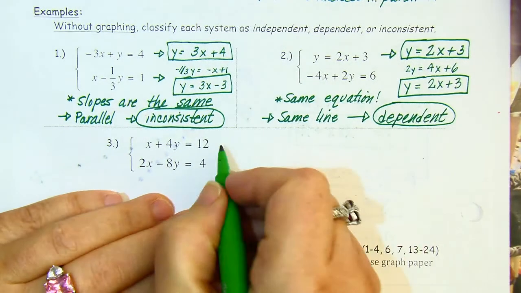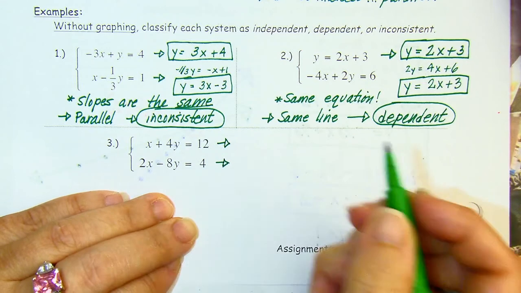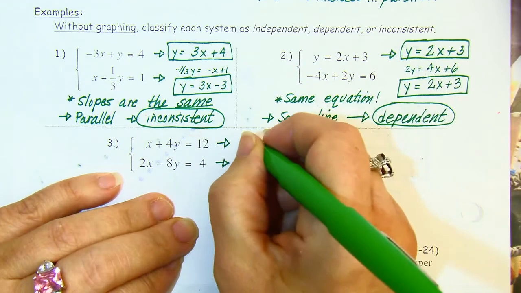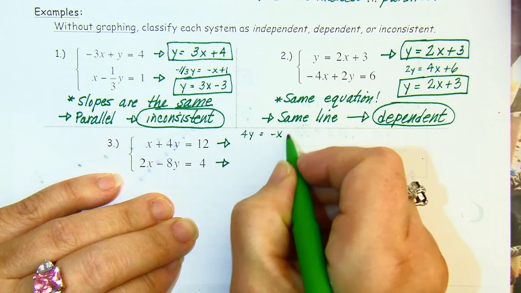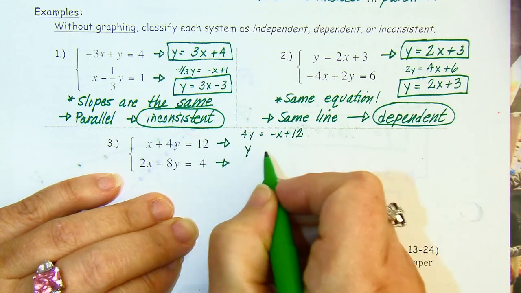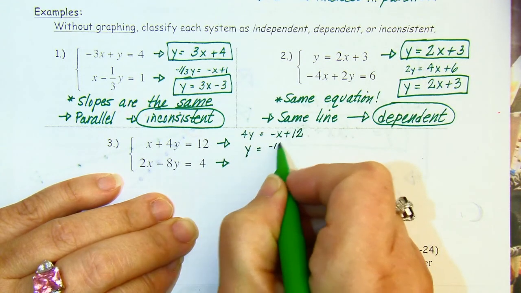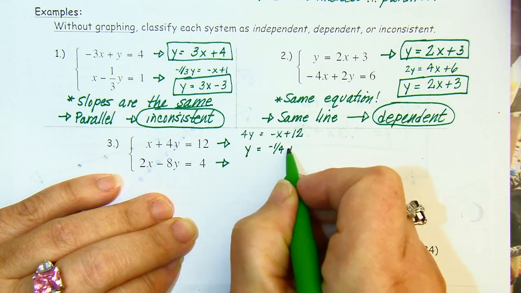We're going to solve it for y, so we can compare the two equations. 4y equals negative x plus 12. And when we solve, y equals negative 1/4 x plus 3.